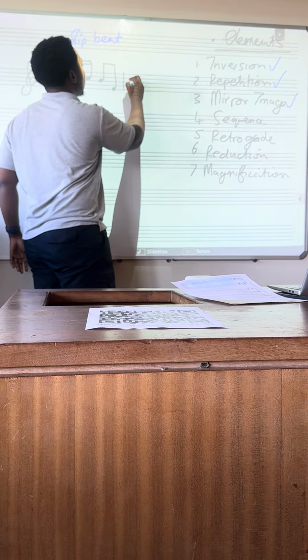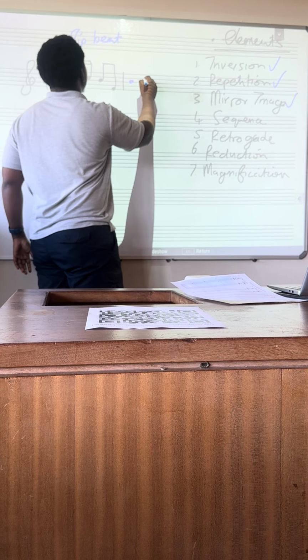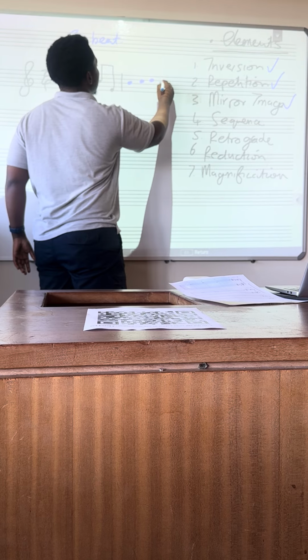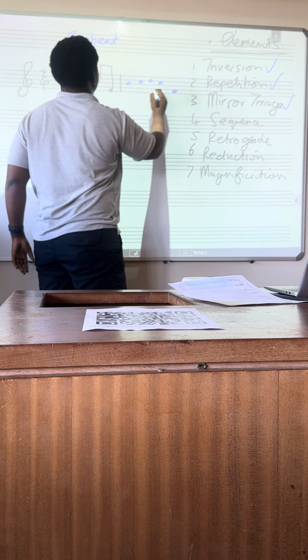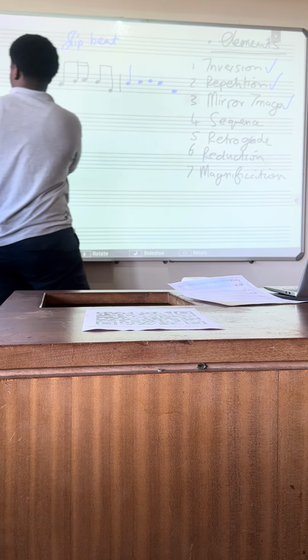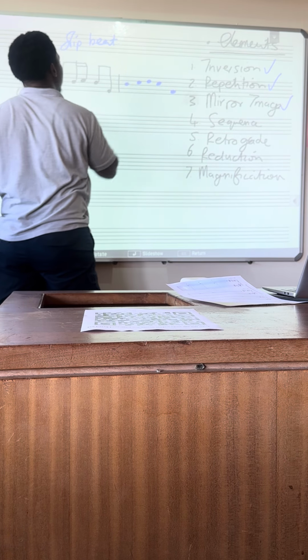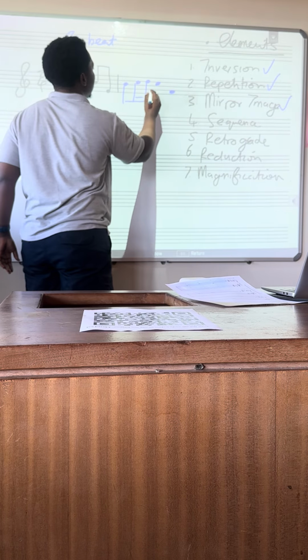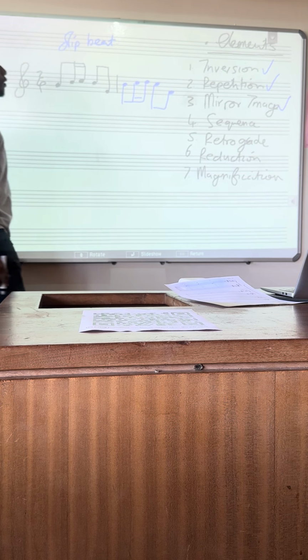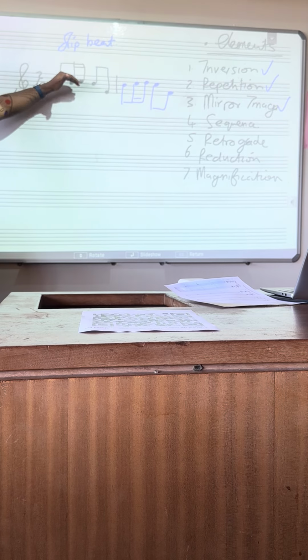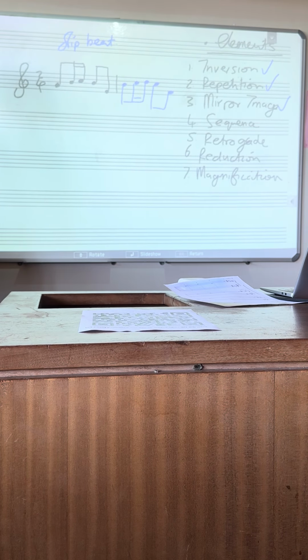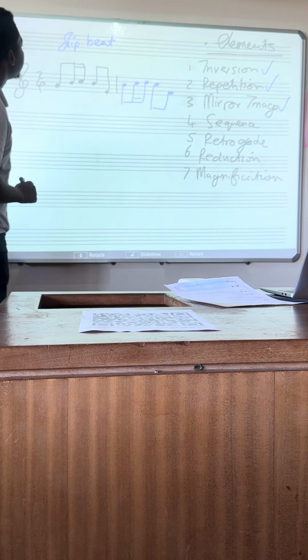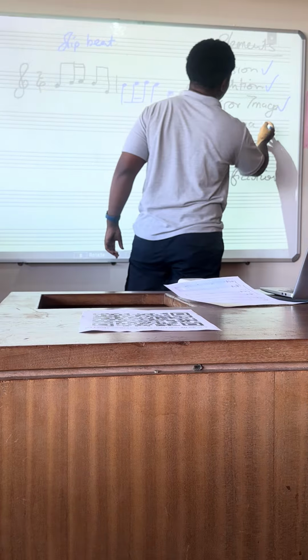So G will be B, that will be C, D, C, F. Since it's above the middle line, it has to go down. So you've sequenced this up by one note. Real or tonal is another story, so not yet. So that is sequencing.